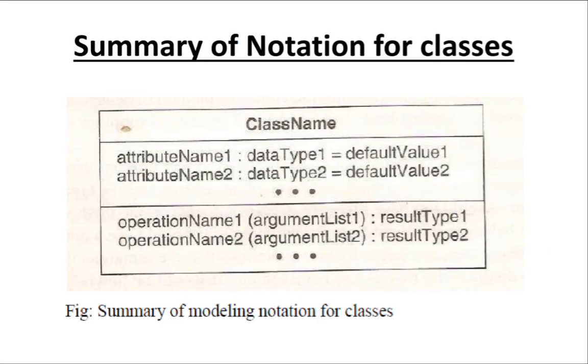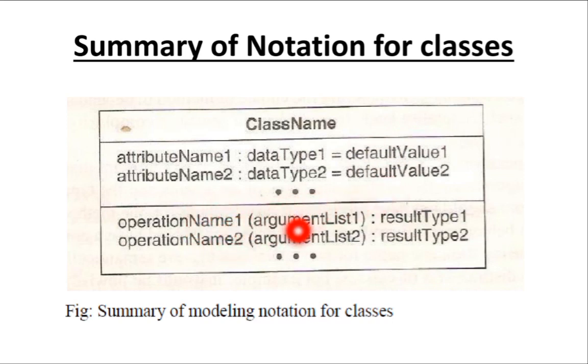So this is the actual generic notation. Class name should be in the first compartment. In the second compartment, you have the attribute name and the data type for that attribute. If you have a default value also, you should include that. In the third compartment, the operation should be there.